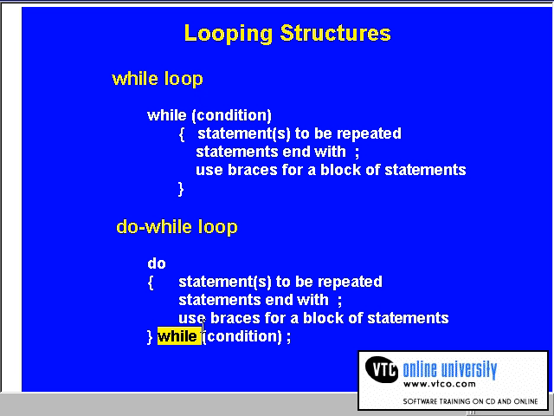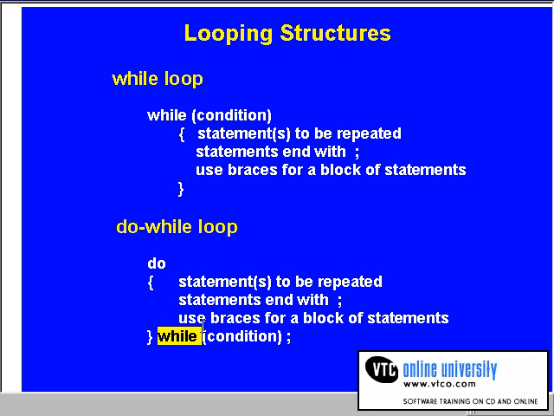Since the do-while loop is a post-test loop, that is, it evaluates the loop condition after first processing the instructions within the loop, the do-while loop always processes the loop instructions at least once. After the first time, however, the do-while loop instructions will be processed only when the loop condition evaluates to true.